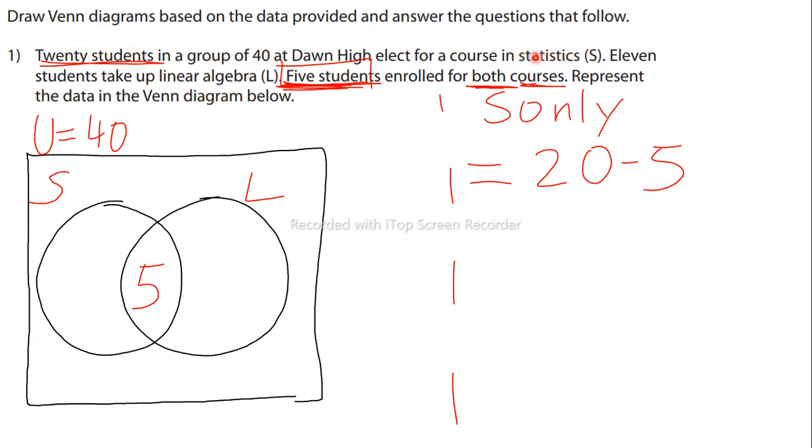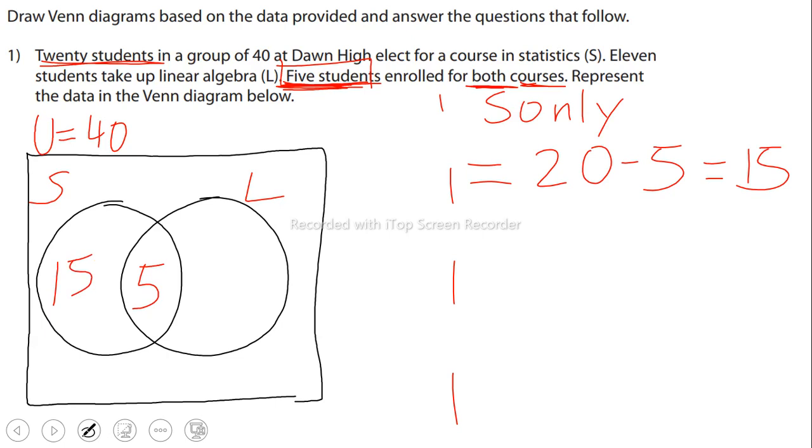So 20 students in all take up statistics, but we know that 5 students are in both. So if we want only the students who took up statistics, it's going to be 20 minus 5, and that's going to give us 15. Now we already know that that's 15.